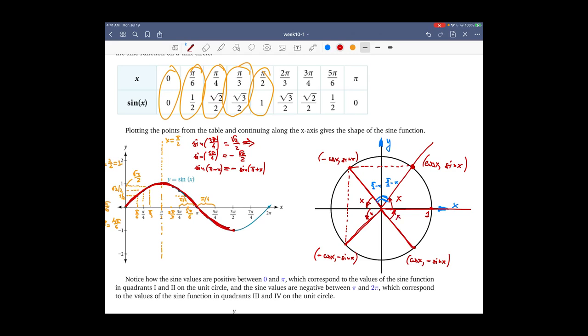We have symmetry of the graph about the line x equals 3 pi over 2. If you reflect the graph of sine x about the line x equals 3 pi over 2, you get a symmetric picture.